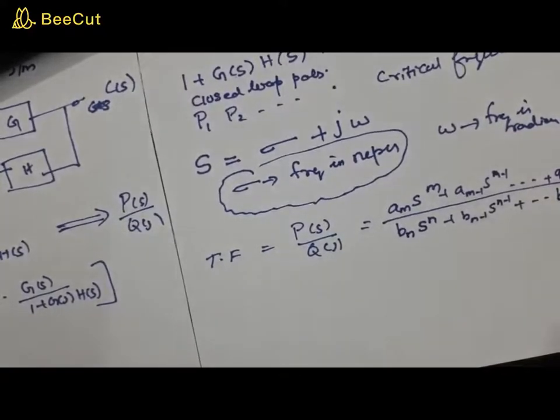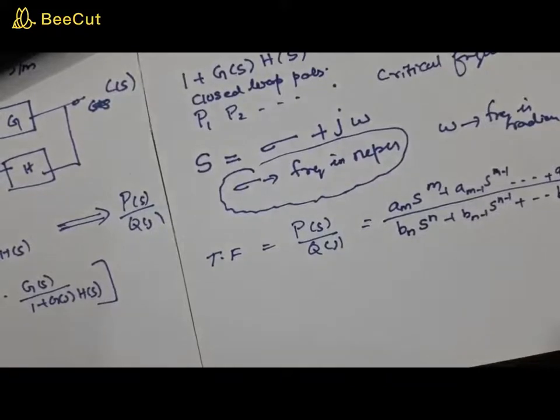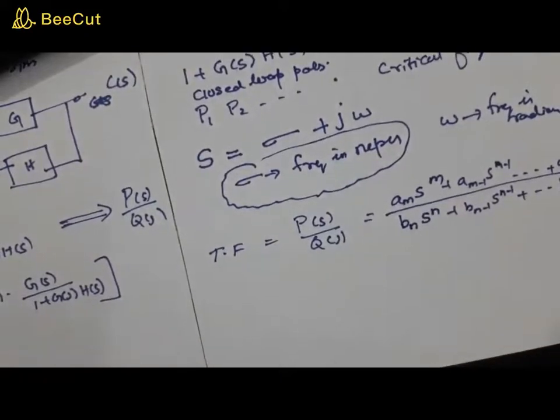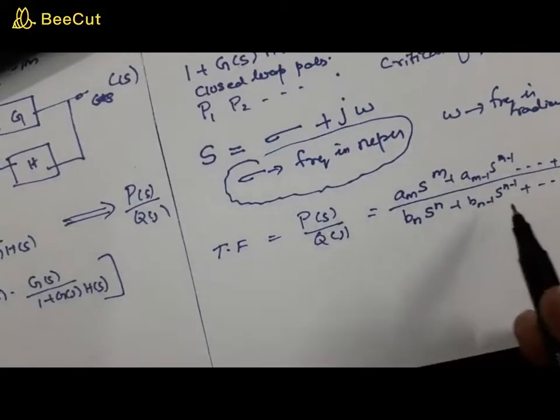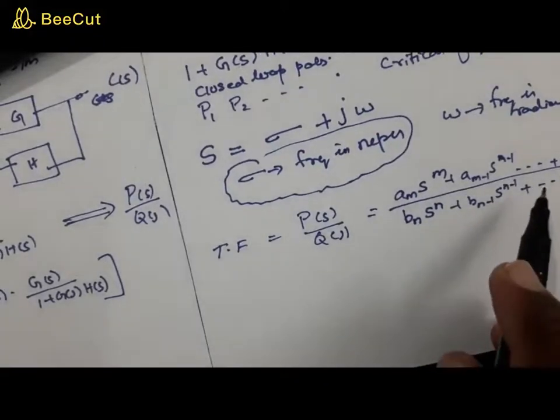So you can represent this as a ratio of two polynomials as shown.